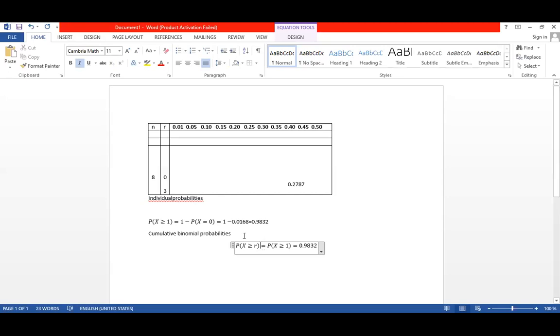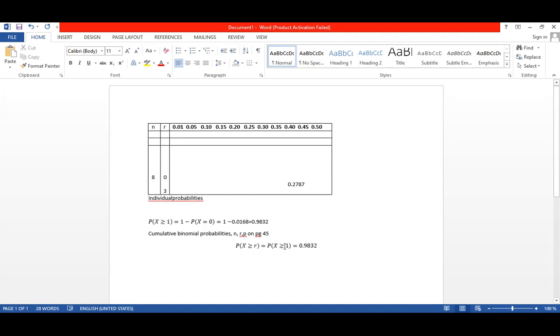Still, they depend on the parameters N, R, and P. So N is 8, R is 1, and the probability of success is 0.40. Because it's in this format, you go to the table on page 45 and start reading.